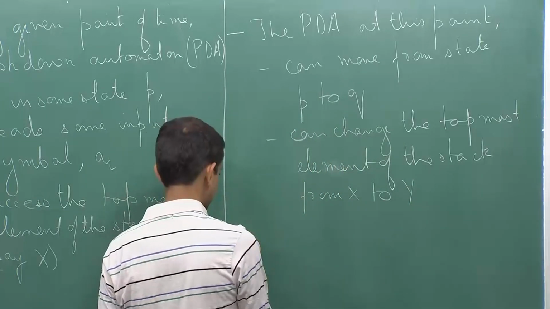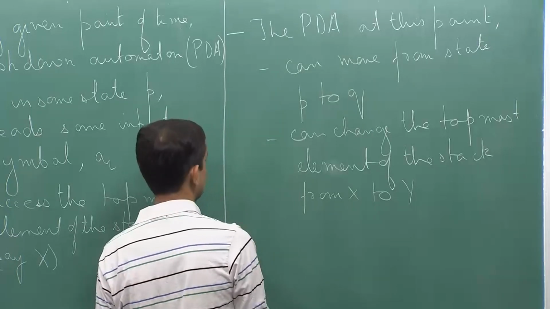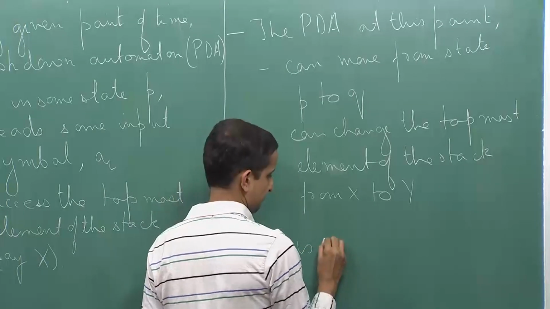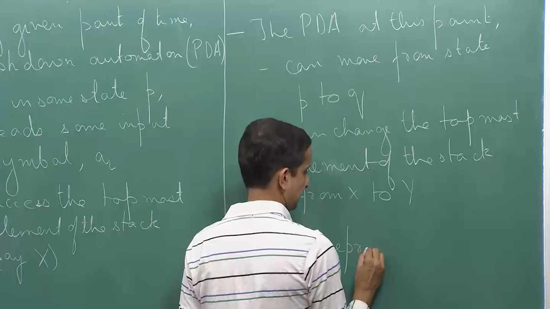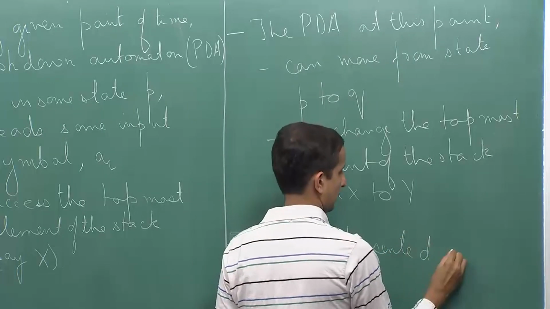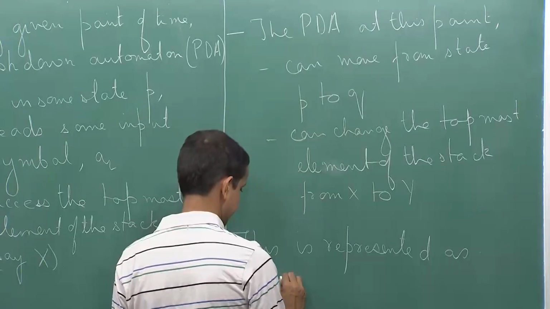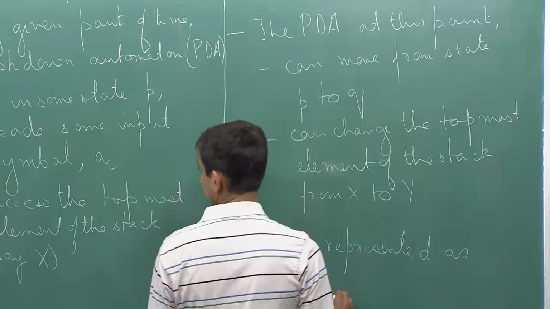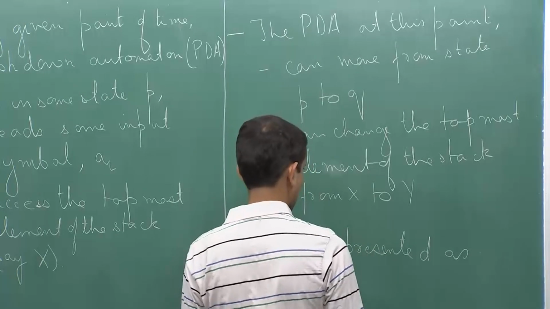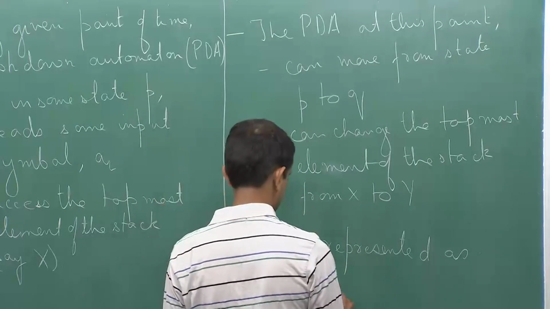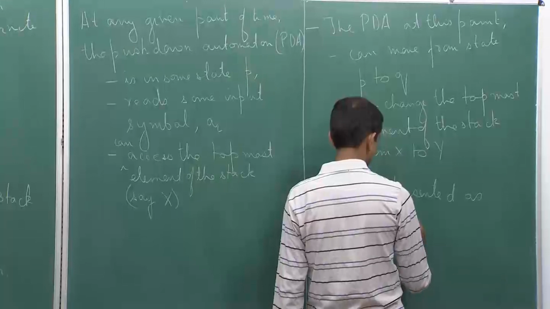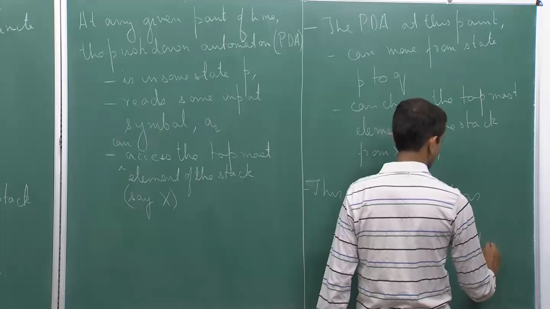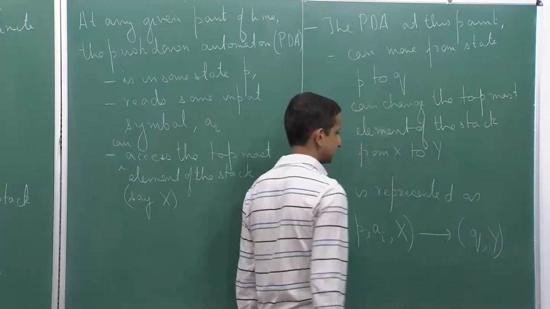So, this is represented using the notation: from P on reading the input symbol, let us say a_i, okay, and reading the stack symbol X, the automaton goes to state Q, and replaces X with Y. Okay.